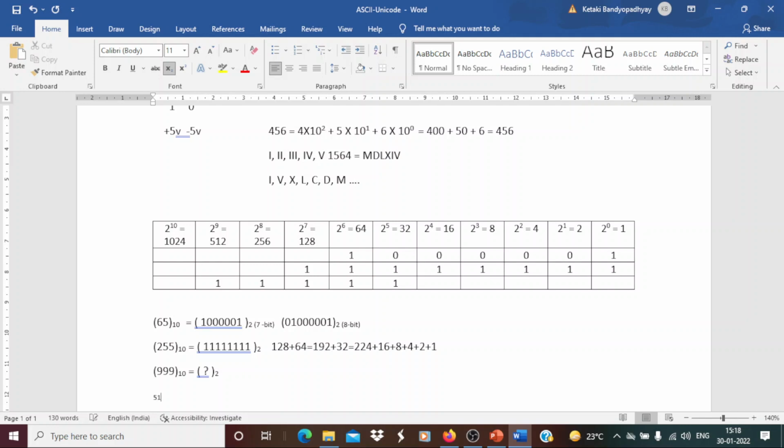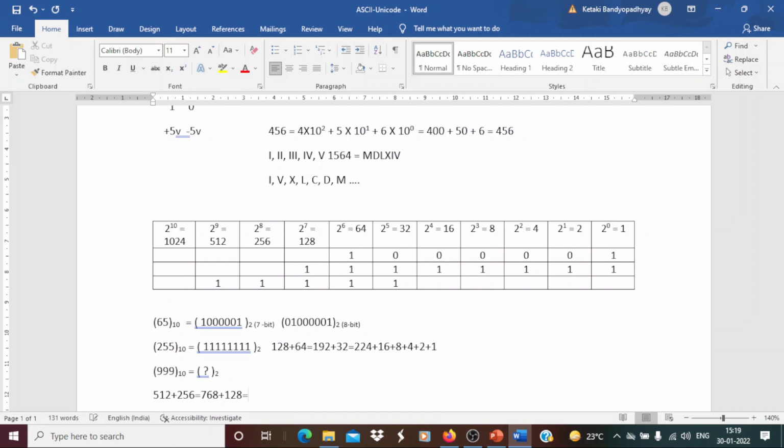We have 512 plus 256, so it is basically 768, plus we have also added 128.